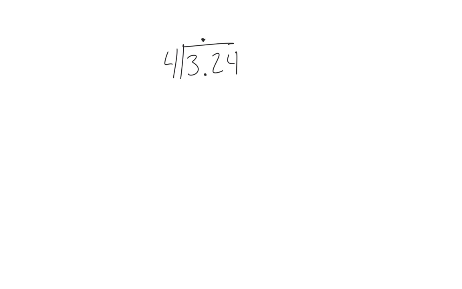Now, I know 4 can't go into 3, so I can put a 0 here and just keep going. And then, how many times can 4 go into 32? I believe that's 8. 8 times 4 is 32. That gives you a 0. You bring down your 4 like you would normally. Like I said, you're just dividing like you would normally do.